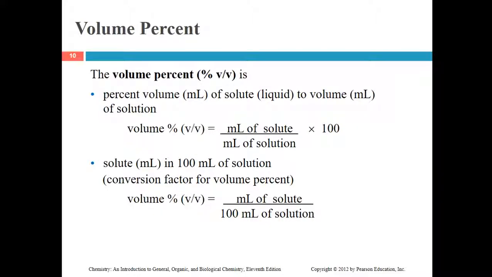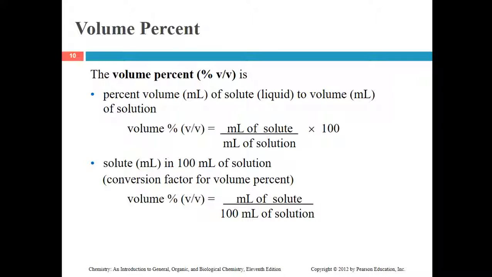Now, volume percent is another type of calculation. Depending on the needs, they can also calculate volume percent. The volume percent is the percent volume of solute to the volume of the whole solution. And this would be, for example, if you're using liquids.